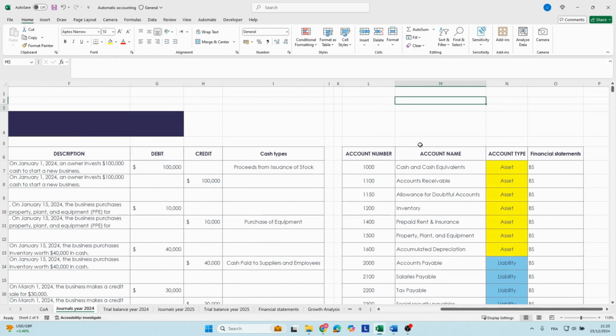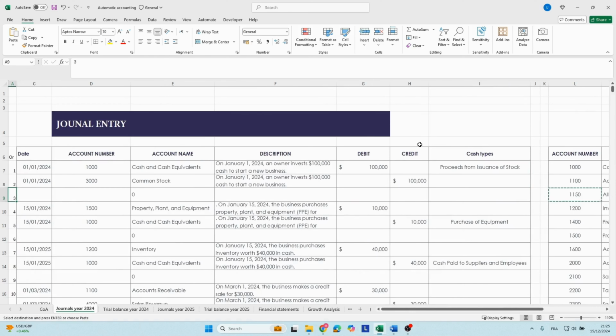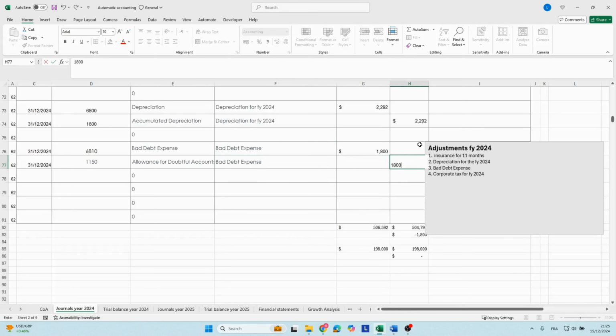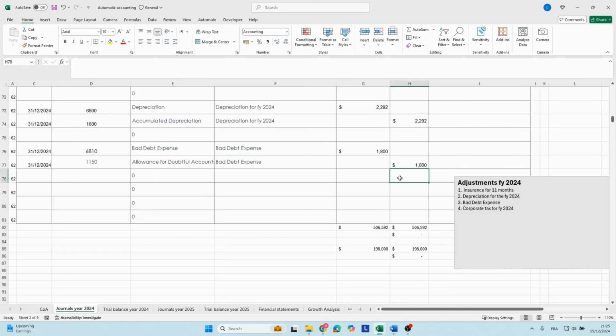Then we go to the chart of account and we look for the account that reduces our accounts receivable, and we found there is an allowance account. The account is 1150, and we put the description and the value on credit. Always check that total debit equals total credit.